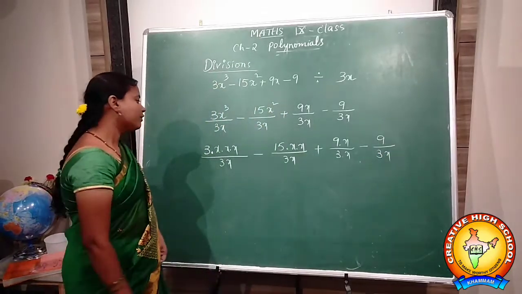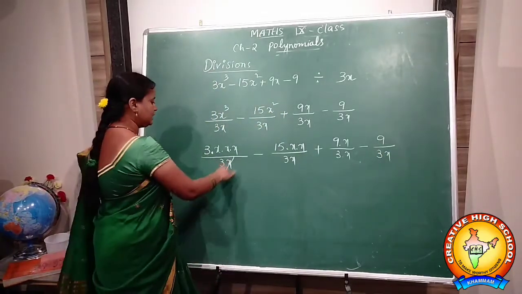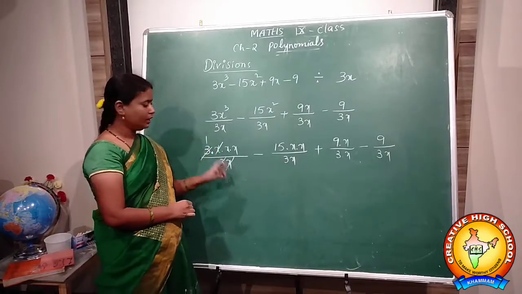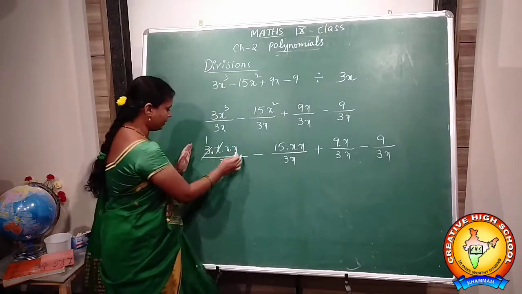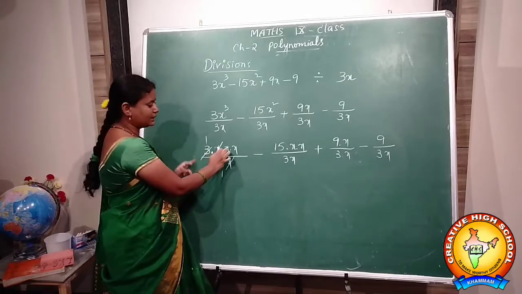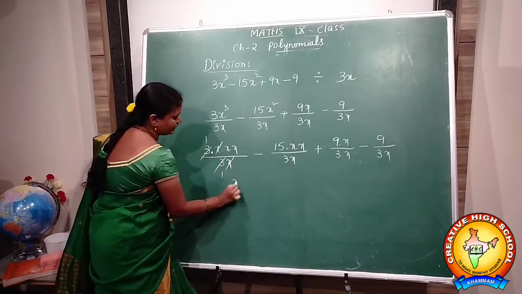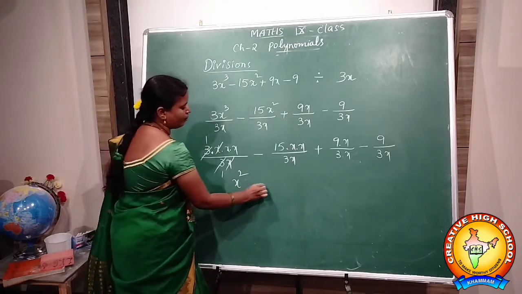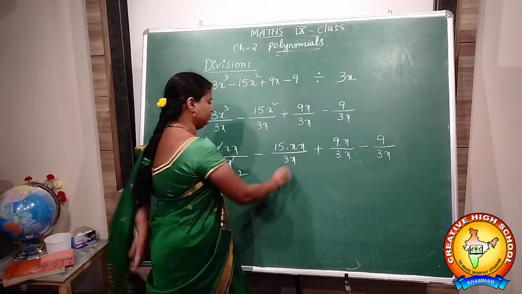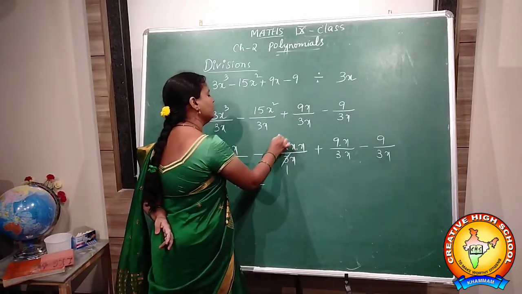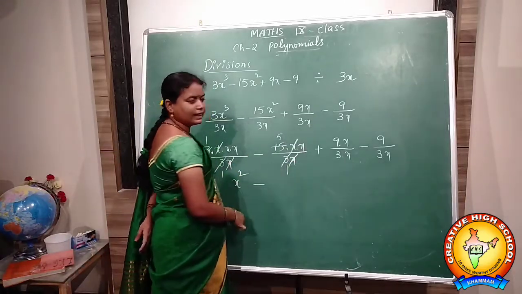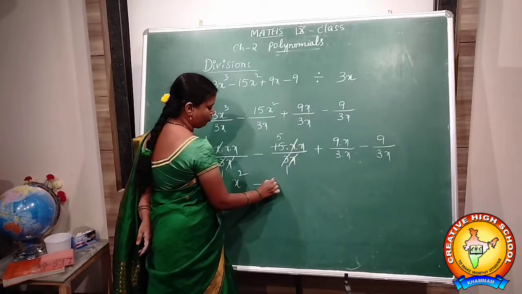See here, if we cancel, x and x get cancelled. 3 ones are 3. Now let us see what is left here. 3 ones get cancelled, x gets cancelled, x into x, that is x square. Minus, see here, 15 we can cancel with the 3. 3 fives are 15. x gets cancelled, minus 5x.